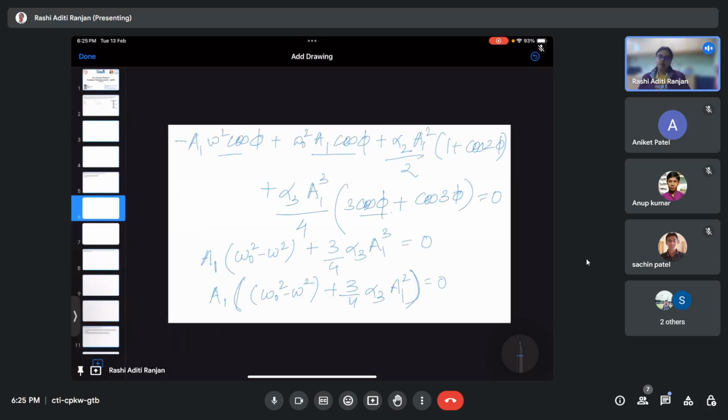Definitely it can be 0. But if a1 is equal to 0, it means that our system is at an equilibrium condition. The system is not oscillating. But I have assumed that my system is oscillating, which means a1 cannot be equal to 0. So what do I get?